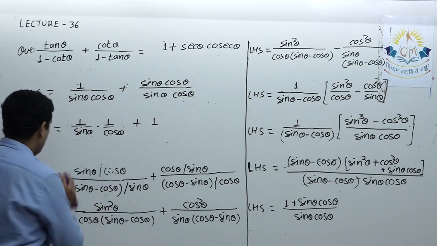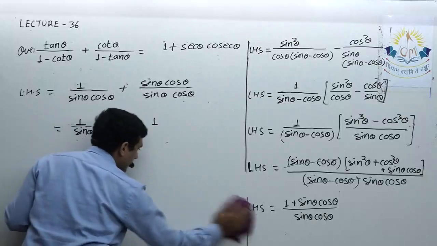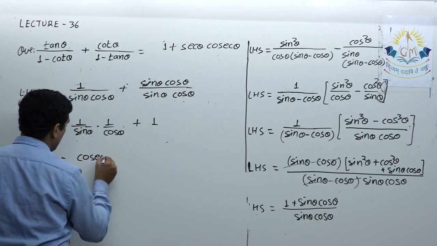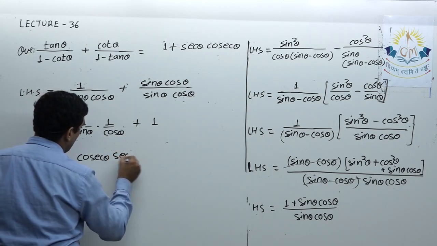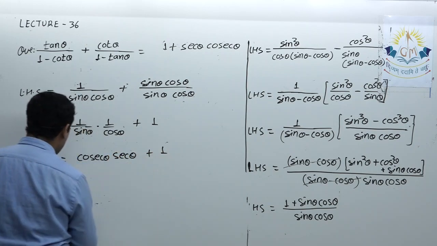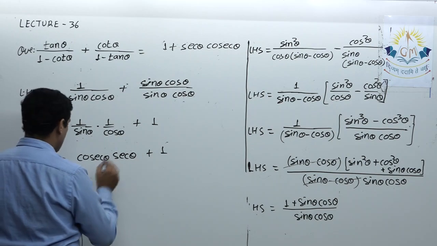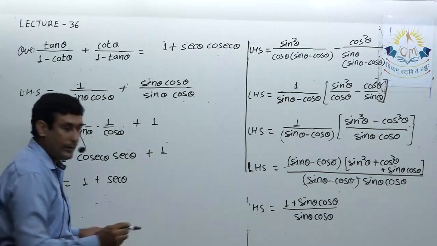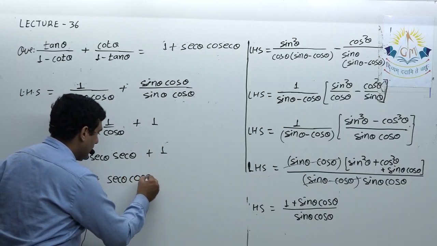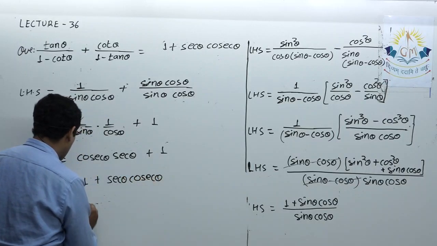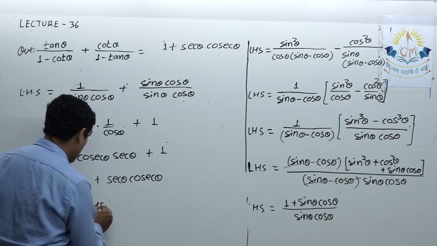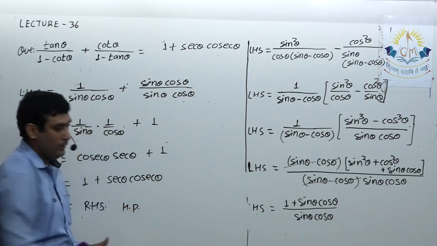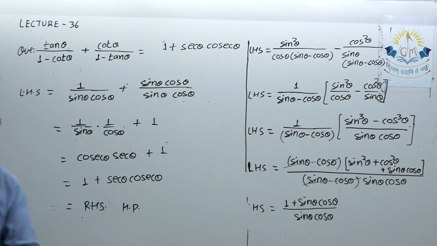So ultimately in the last step here I will get cosec theta sec theta plus 1, or I write last that is given in the question: 1 plus sec theta cosec theta, that is equal to RHS. Okay, so hence proved. So please note it down.